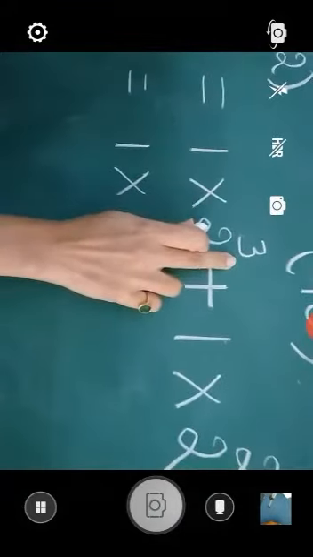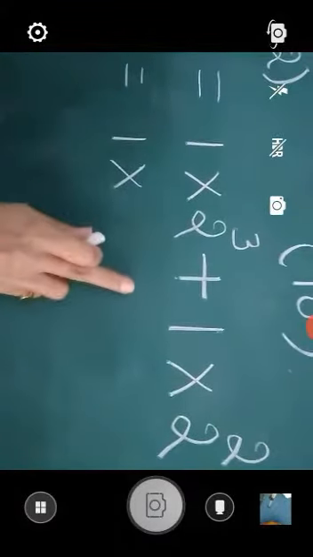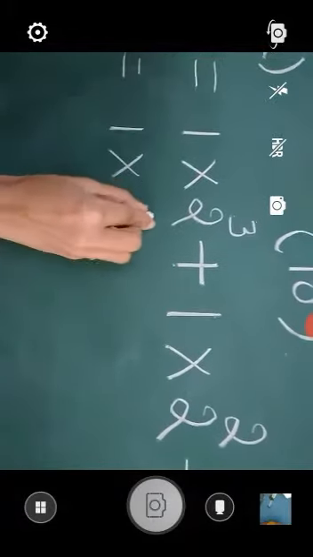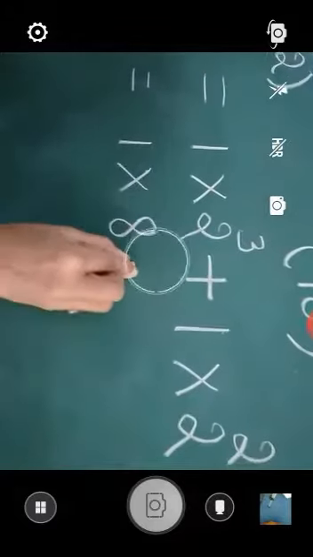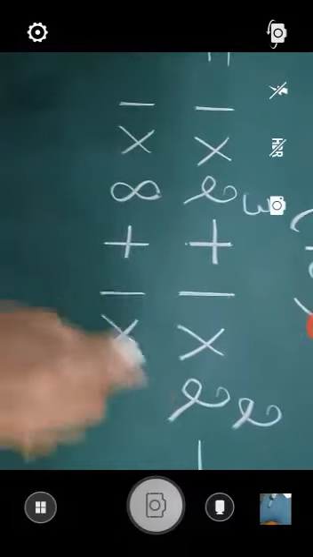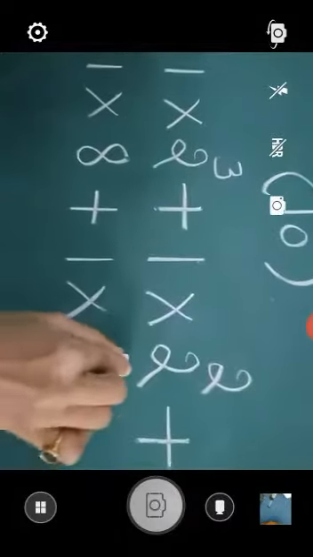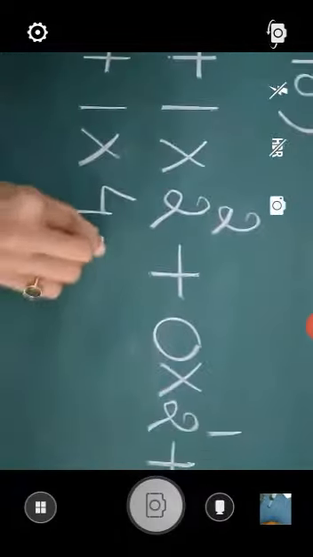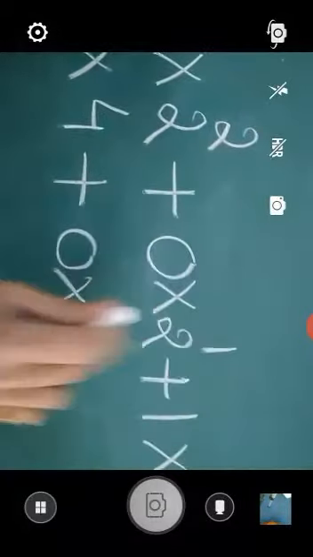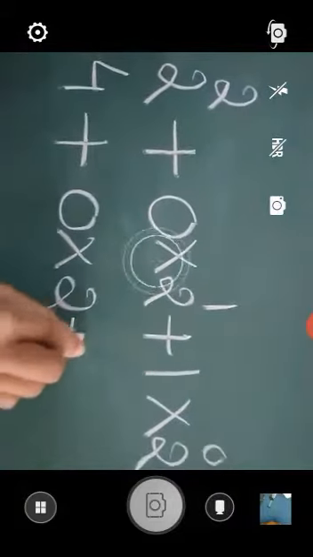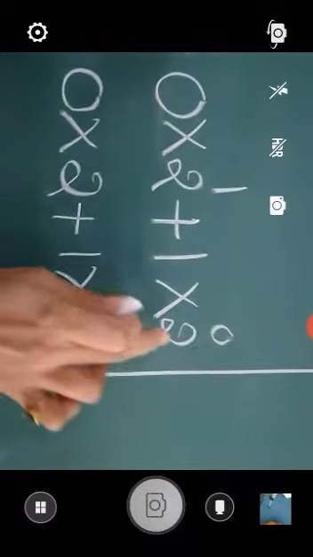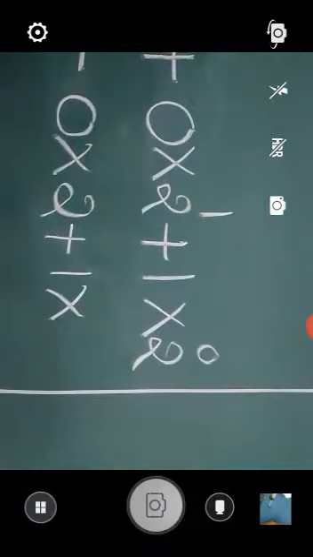Now consider again the equation. 1 into 2 to the power 3 means 2 has to be multiplied 3 times, 2 into 2 into 2, hence the answer will be 8. Plus 1 into 2 to the power 2 means 4. Plus 0 into 2 to the power 1, which is 0. Plus 1 into 2 to the power 0. Anything raised to 0 is 1 only.